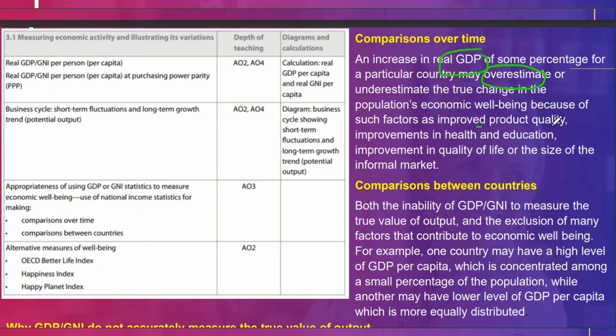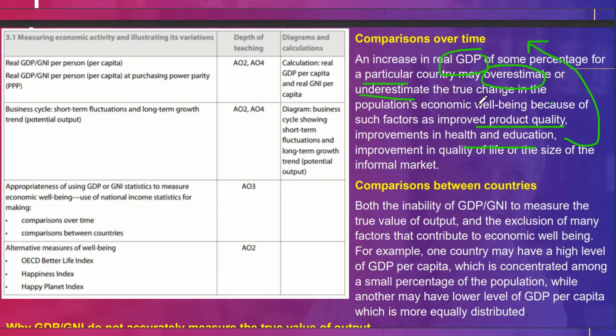See, product quality is different from country to country, and health and education facilities also vary from country to country. But if we use the same method of calculation or measurement for all the countries, it will not be the truth. That's the reason sometimes the real GDP of a particular country may be overestimated or underestimated.